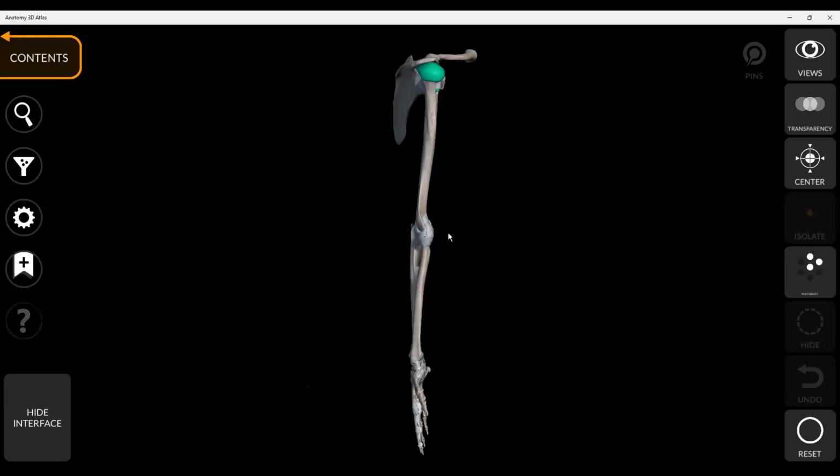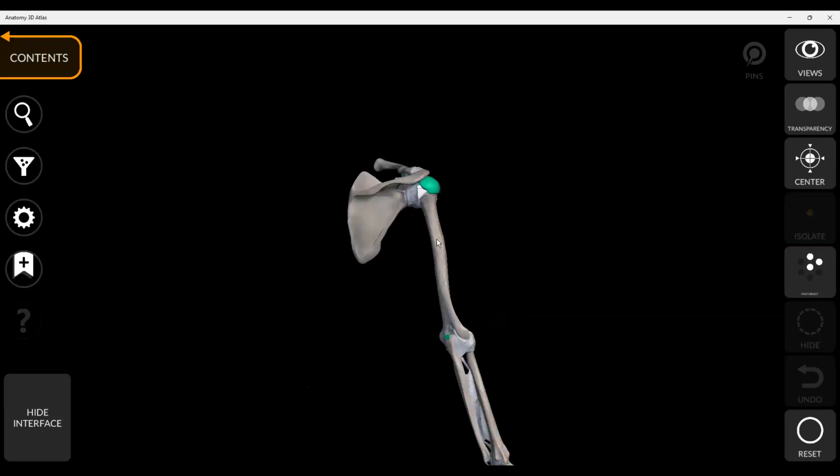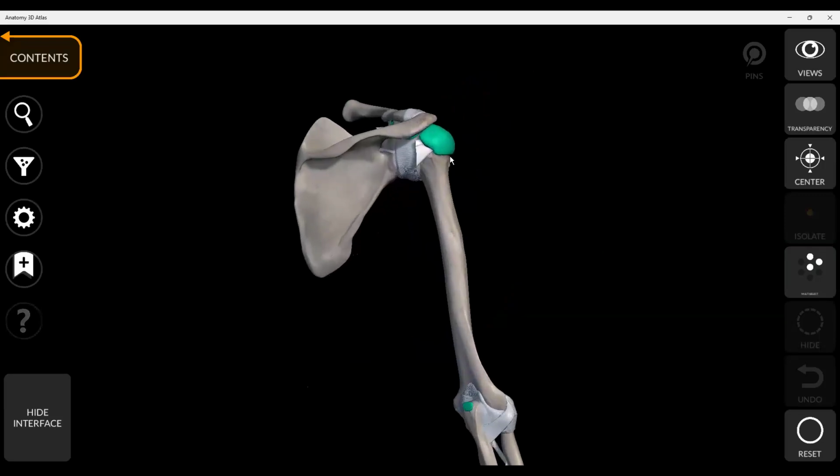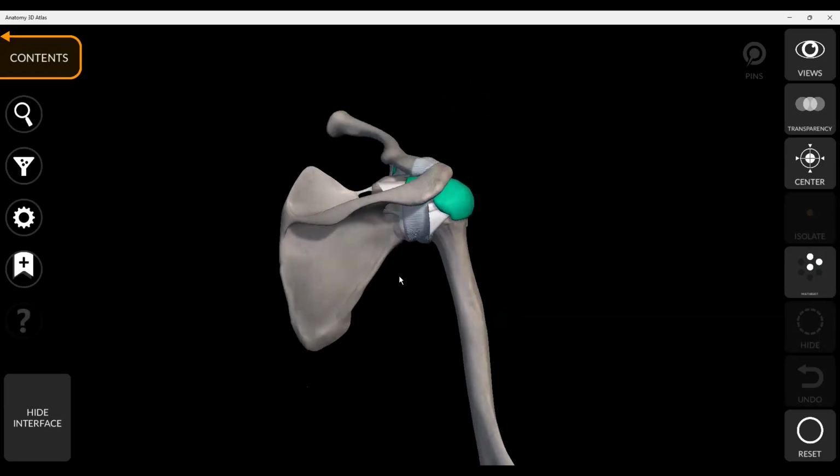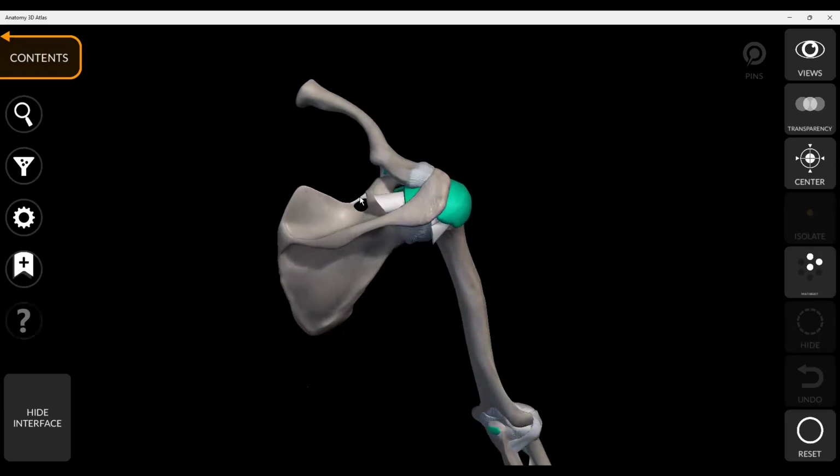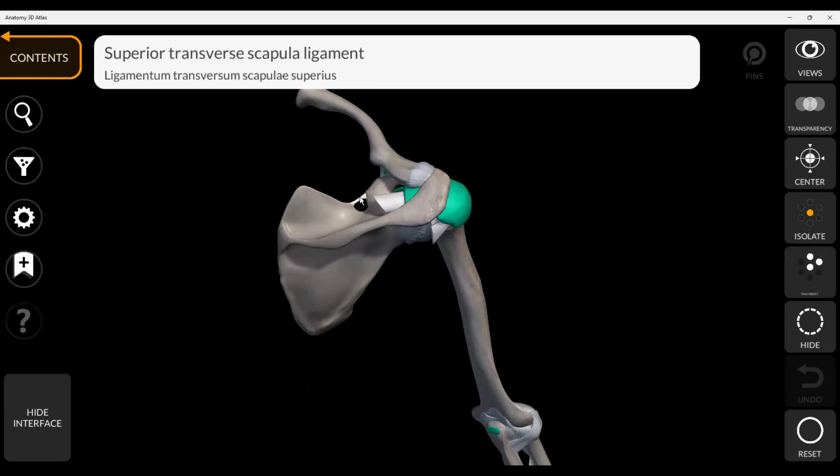So one by one, let's go for the next structure. We have first seen the bone, and then we'll be going back and we'll try to find out the other ligaments and muscles. If we look closely in the posterior part, as I told, there is one ligament here. This is known as the superior transverse scapular ligament.